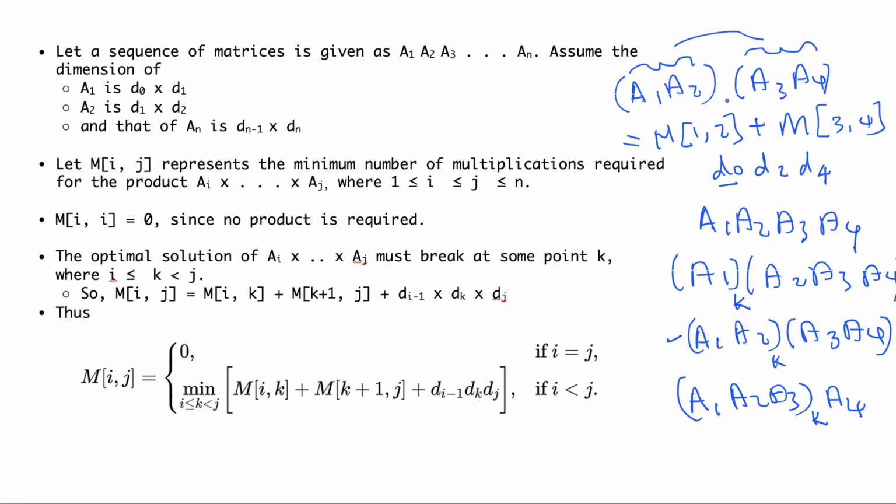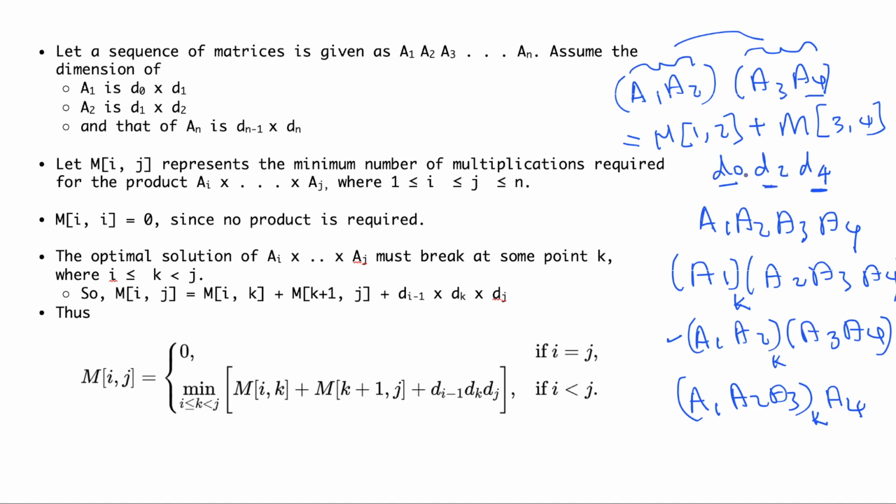Then the number of columns of that product will be d4, that is the last matrix column index. Then you have to find the number of columns of A1 into A2. The number of columns of A1 into A2 will be equal to the number of columns of A2, that is d2, and it will be the same as the number of rows of A3, which is also d2.